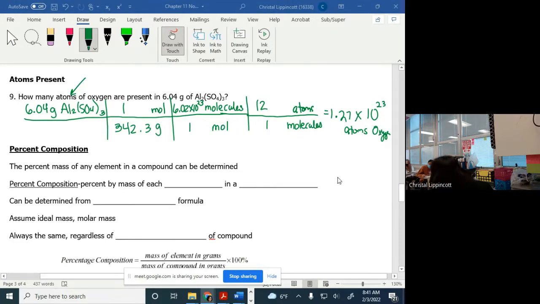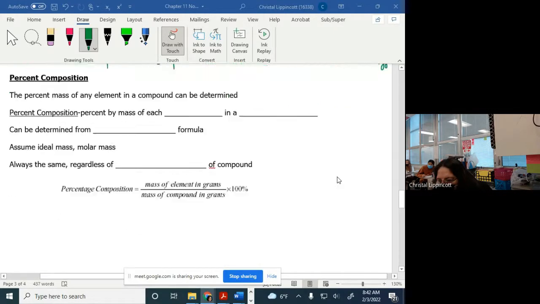Questions about that guy? Is it making sense? All right. Then we did percent comp earlier this year. Yep, we did it back in chapter 3. It's the percentage by mass of each element in a compound. It was just part of the whole.